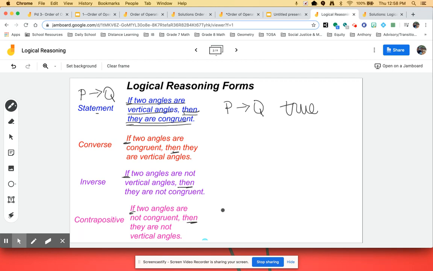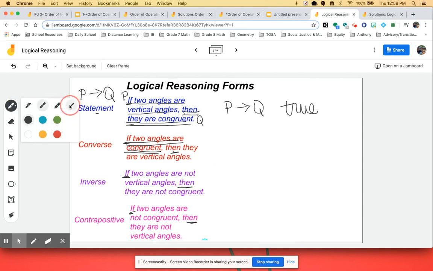Now think about this, my P stays my P throughout. If two angles are vertical angles, that's my P. My Q is my then right here. But now look what happens in my converse. Now this has if two angles are congruent. That was my Q statement, so I'm going to double underline that. You could also highlight it a different color.